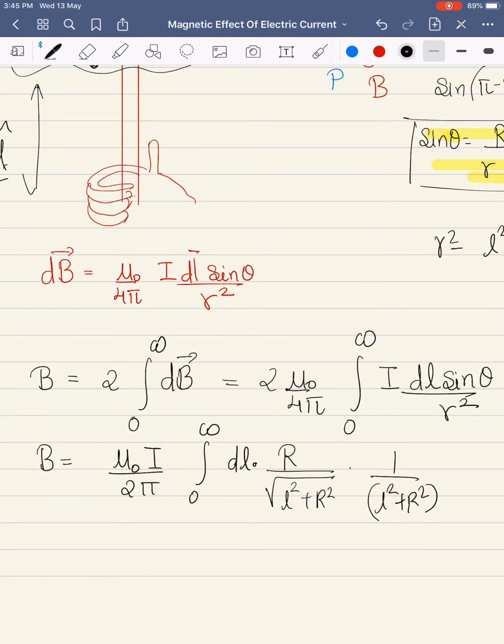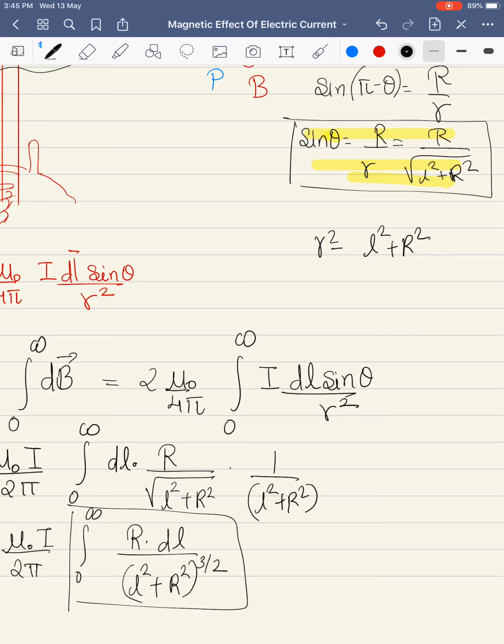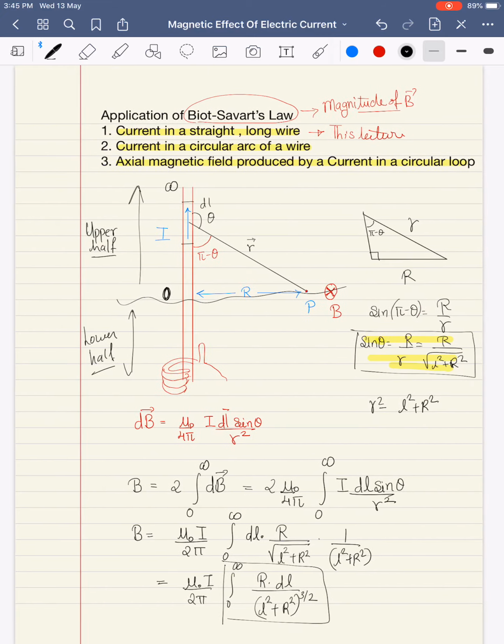So we can say that mu naught I by 2 pi integration 0 to infinity R into dl upon L square plus r square whole raised to 3 by 2. Now when I say about this integration, if I do the integration, how do I do it? Look, R is my distance, it is common, it is constant, so I will take it outside. So I will say it as mu naught I by 2 pi R integration 0 to infinity dl upon r square plus L square the whole raised to 3 by 2.